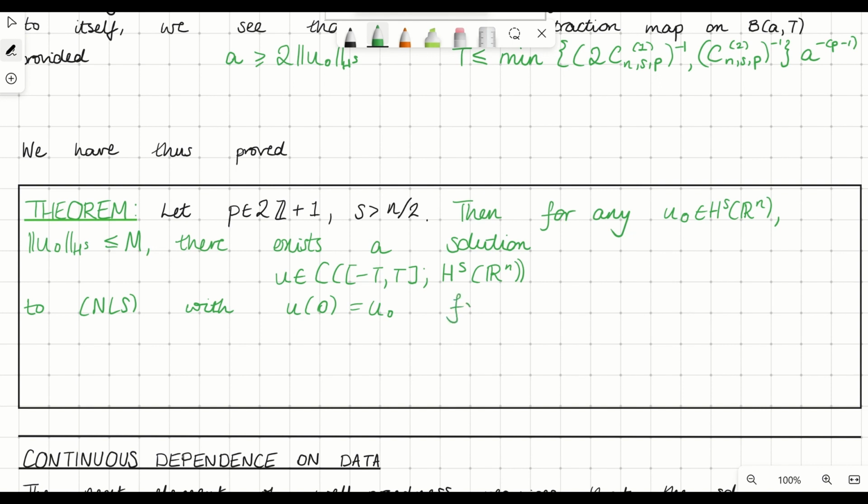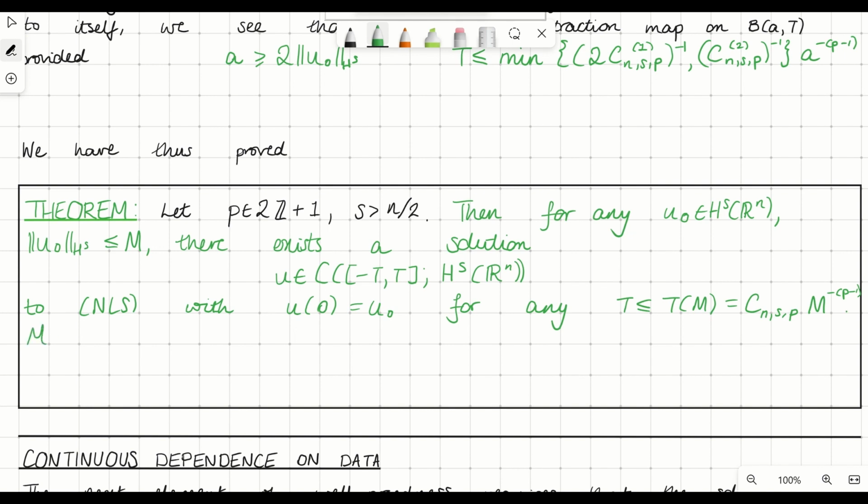And this holds for any t up to some time tm, where tm is given by some constant CNSP times m to the minus p minus 1.